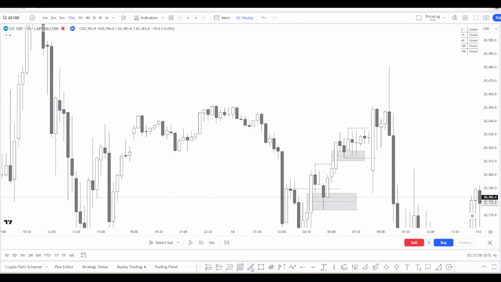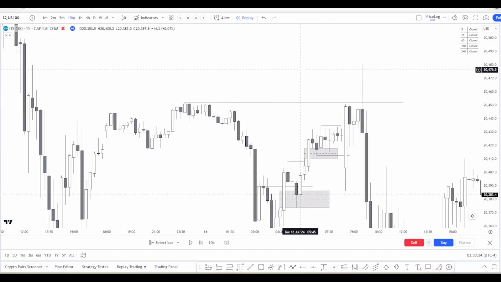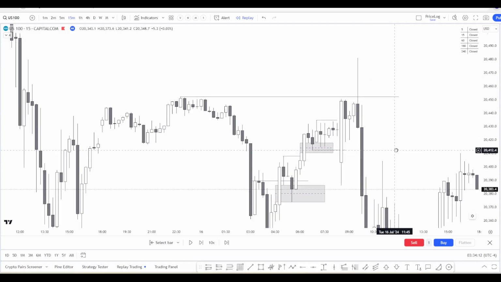We then are going to look into what is a run and a sweep of liquidity. A run on liquidity would be that we were closing above with a fair value gap, with displacement up above, showing the price really wants to go higher. Okay, let me show you in price.